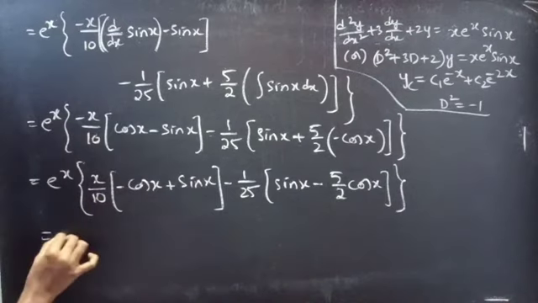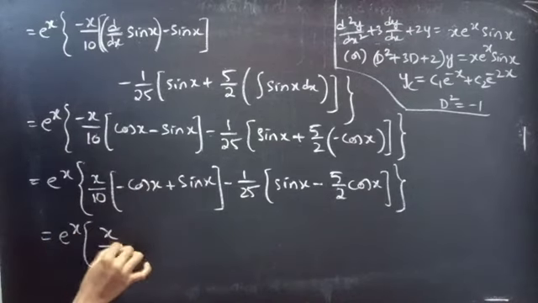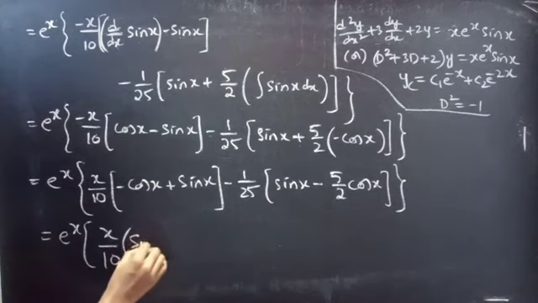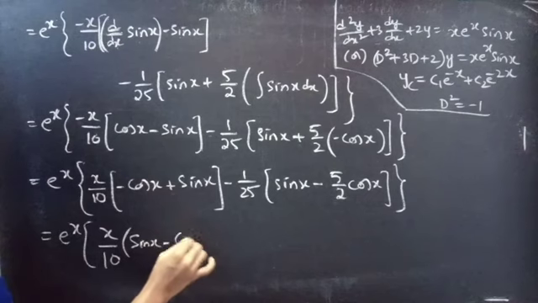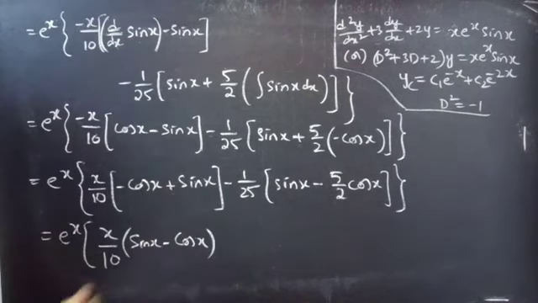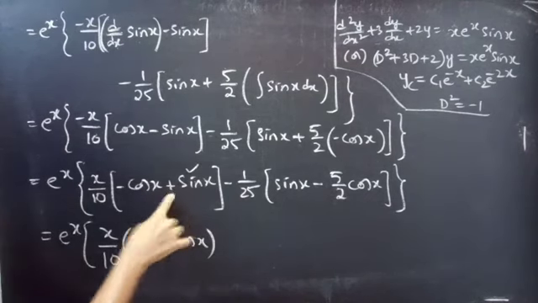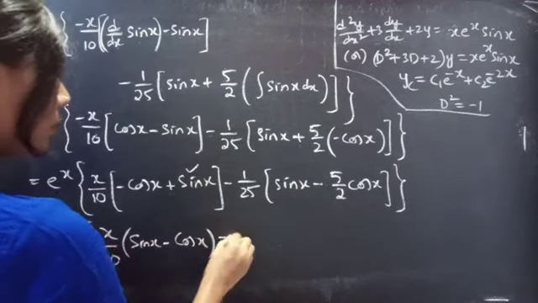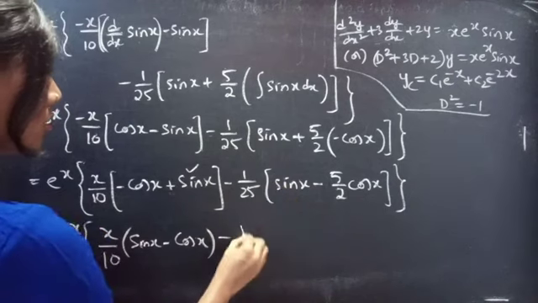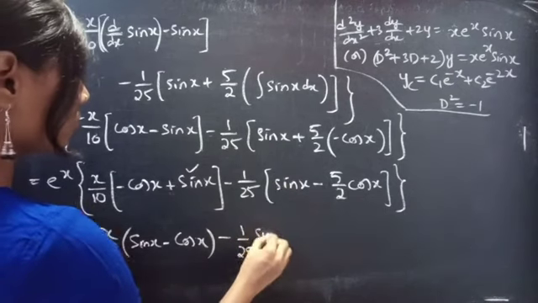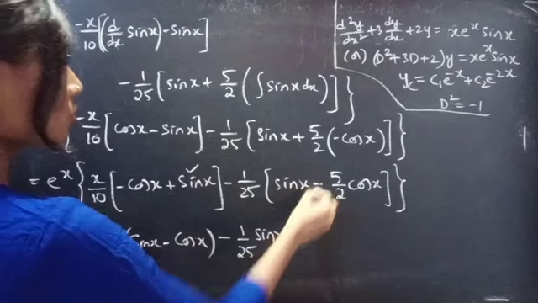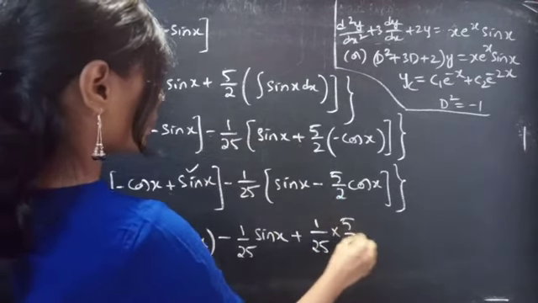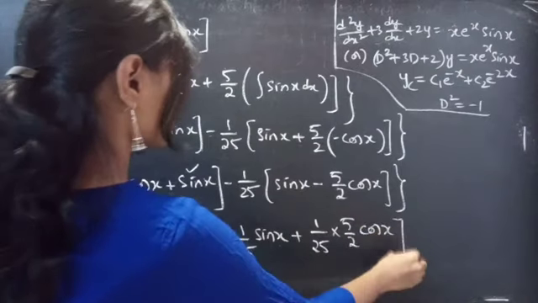Now we can write this as e power x into x by 10 into, I'll write the term involving positive sign first. I'll get sin x minus cos x. Okay, firstly the term involving plus sign and next the term involving minus sign. Minus into plus minus 1/25 sin x minus into minus plus 1/25 into 5/2 into cos x.